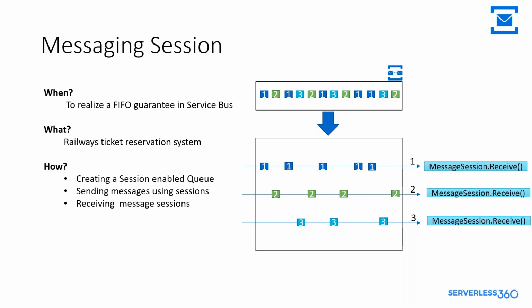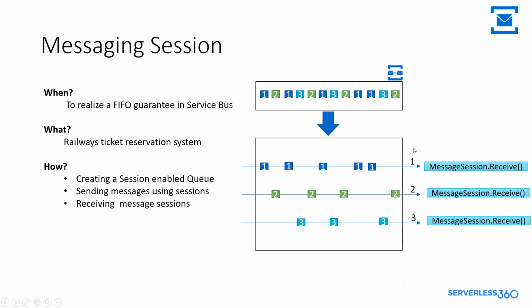Let us pick up a railway ticket reservation system as an example here. Say my queue keeps getting reservation requests for various classes, like first AC, second AC, or third AC. The messages keep flowing in because it's a really busy system which has an enormous number of requests from users across the country at any point in time.